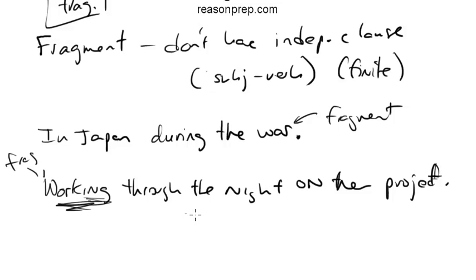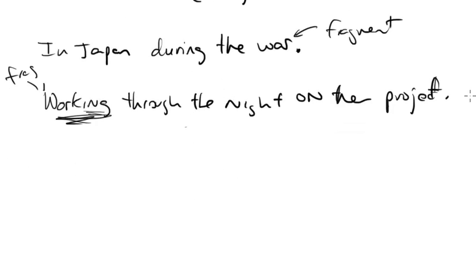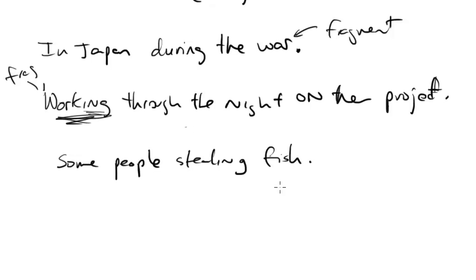You could also start with regular nouns. So, some people stealing fish. I don't know. Right here would be an example of another fragment, because some people and stealing, sure, it's a verbal, and you might say this is a subject, or at least it's a noun. But the problem is this is not the properly conjugated version of steal.